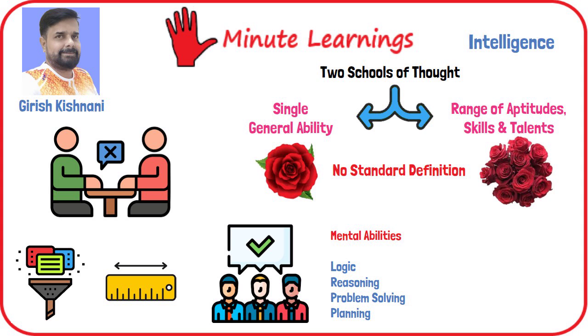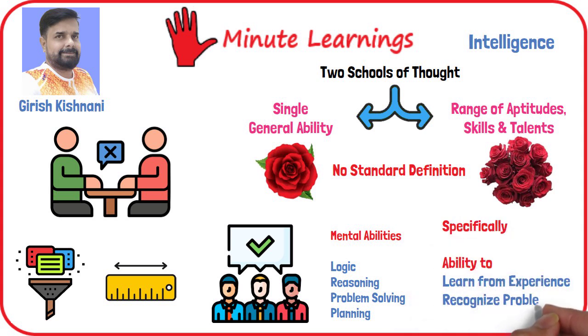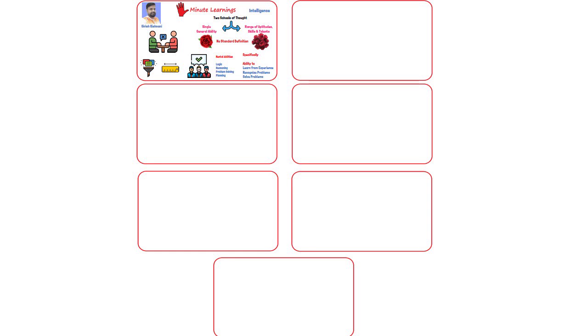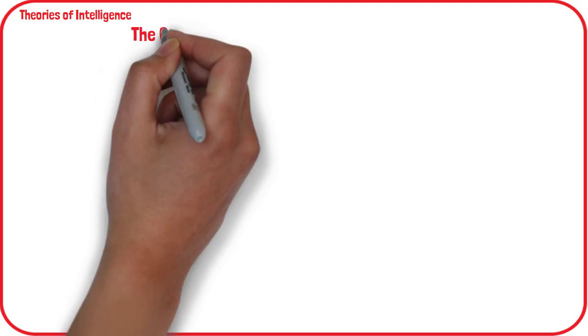Specifically, current definitions suggest that intelligence is the ability to learn from experience, recognize problems, and solve problems. Given the intense interest in the concept of intelligence, some of the field's greatest minds have explored it from numerous angles. Following are some of the major theories of intelligence.